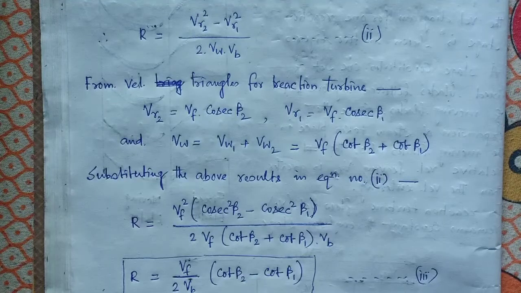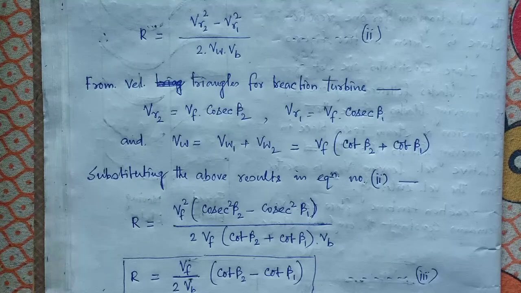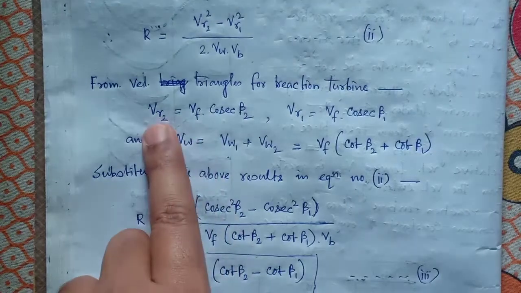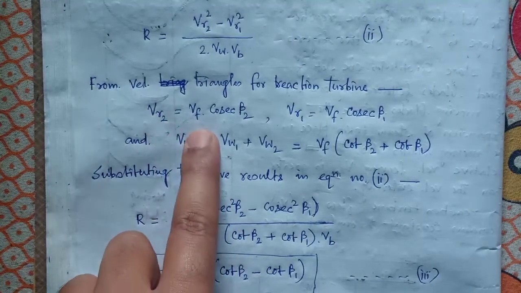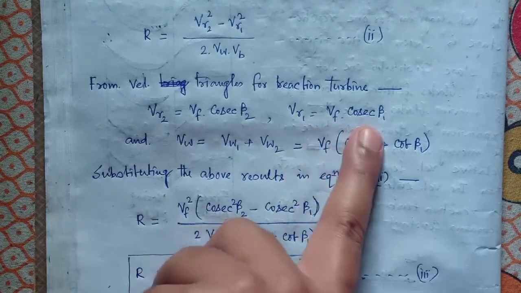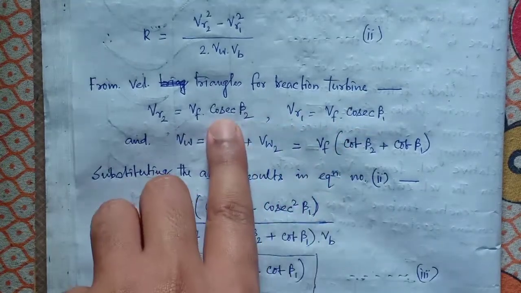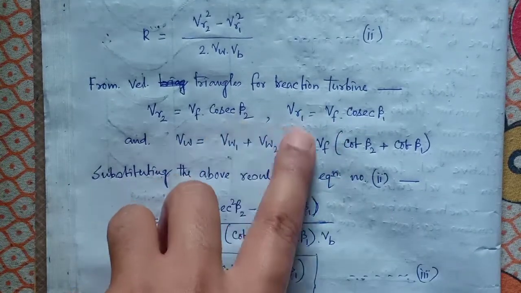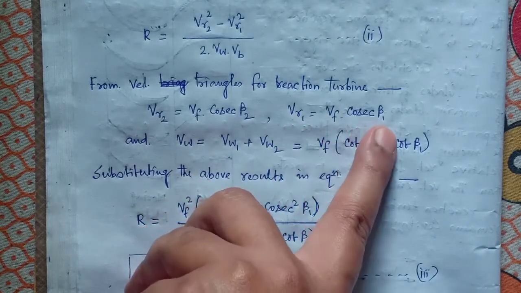Now from the velocity triangles for reaction turbines, Vr2 will be equal to Vf cosec beta 2, sorry, it is cosec beta 2, not cos, and Vr1 will be Vf cosec beta 1.